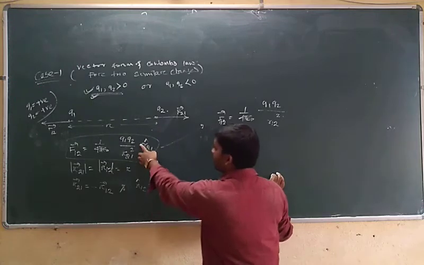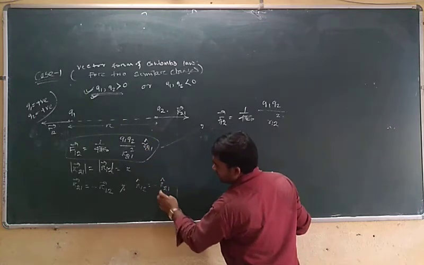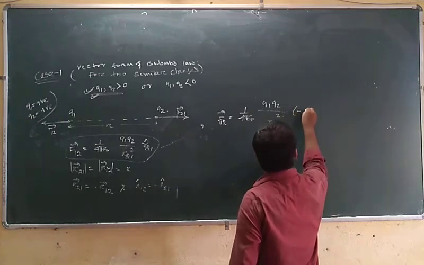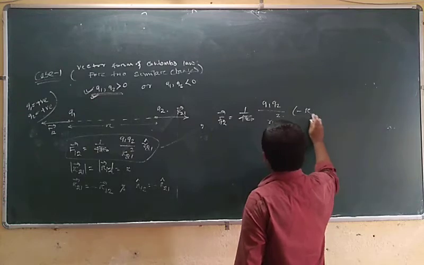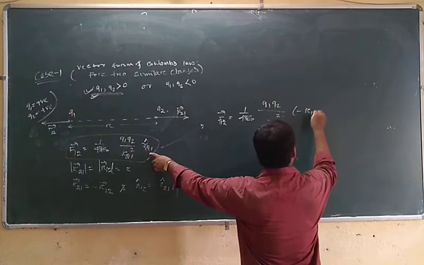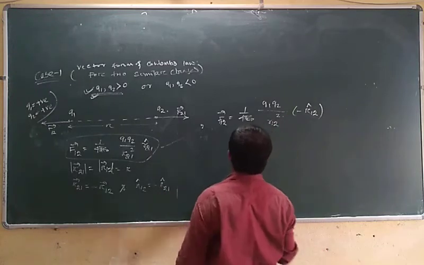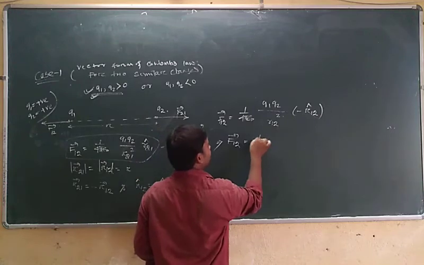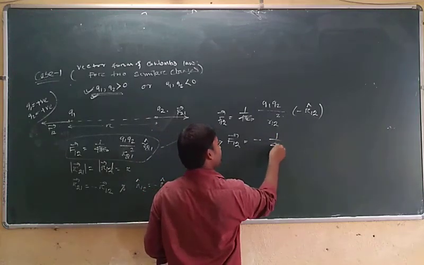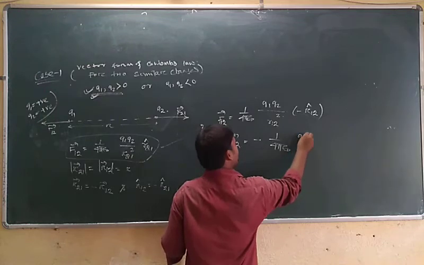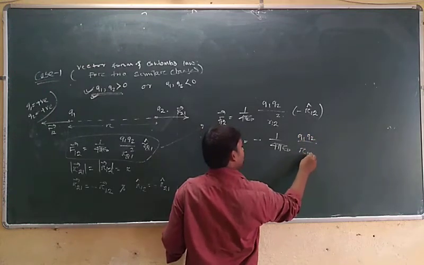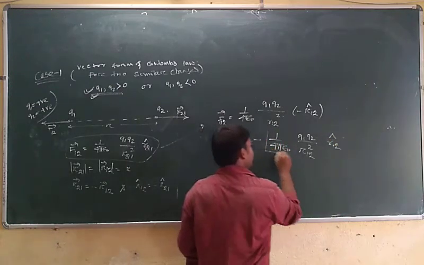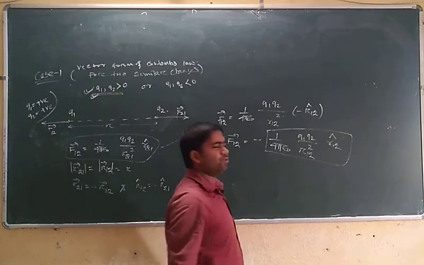Second, R21 cap can be written as minus R12 cap. So F12 vector equals minus 1 by 4 pi epsilon naught Q1 Q2 by R12 square R12 cap.